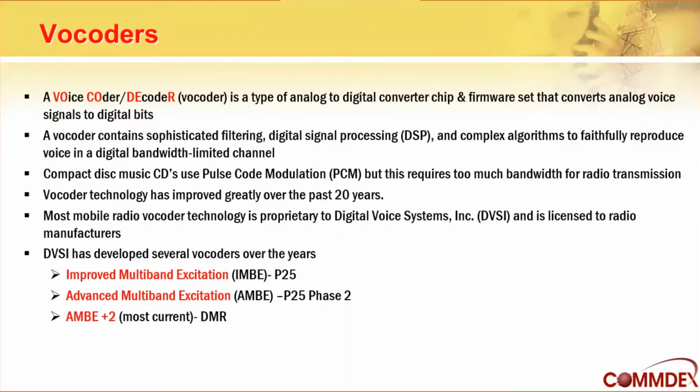The challenge in vocoders has always been not to do the conversion, but to make it work in a very narrow bandwidth. Because when digital music came out, like compact discs in the 70s, they used a method called pulse code modulation, where each level of the analog signal was represented with a digital code.